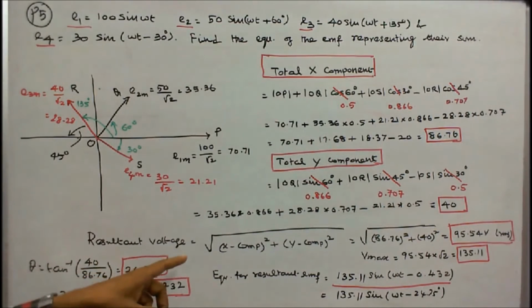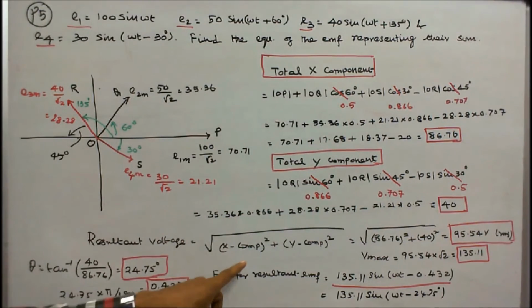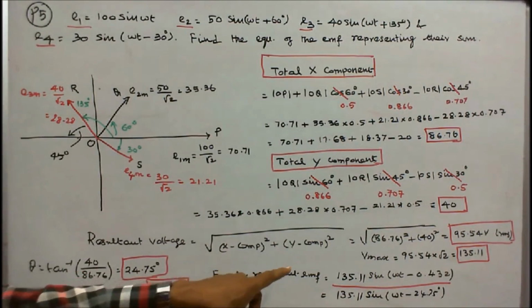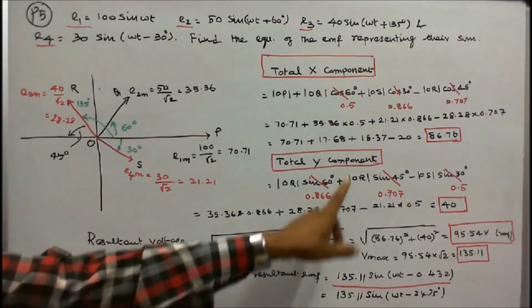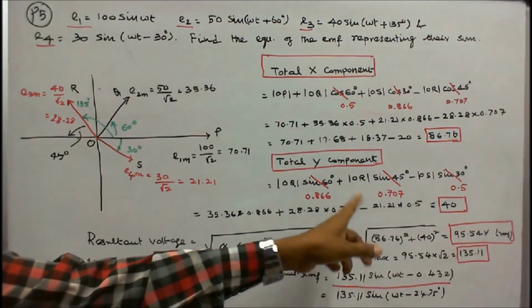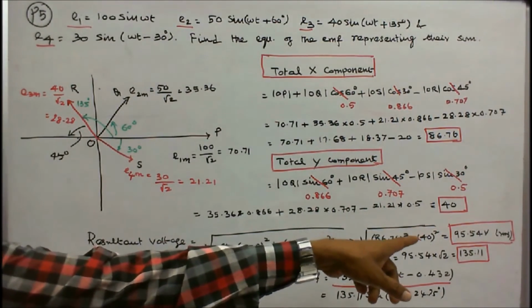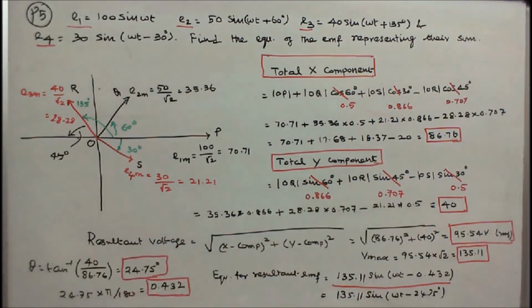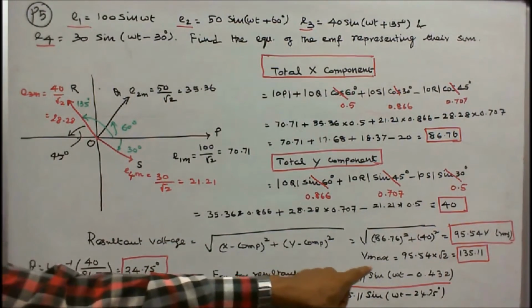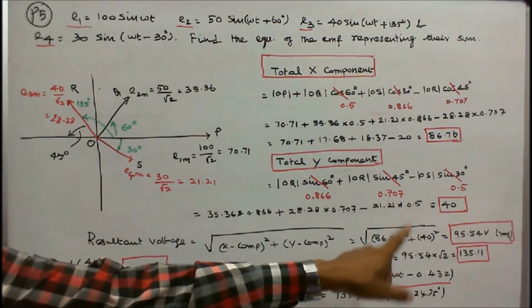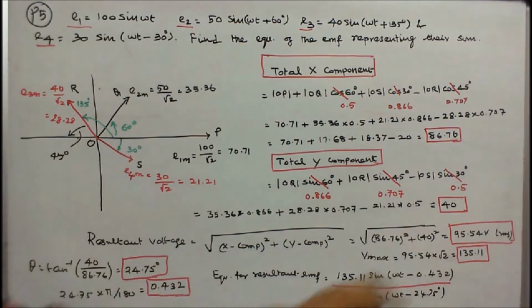Resultant voltage is equal to root of X component square plus Y component square. That is equal to root of 86.76 whole square plus 40 whole square. That is equal to 95.54 volts in RMS. So the maximum is 95.54 into root 2, that is equal to 135.11.